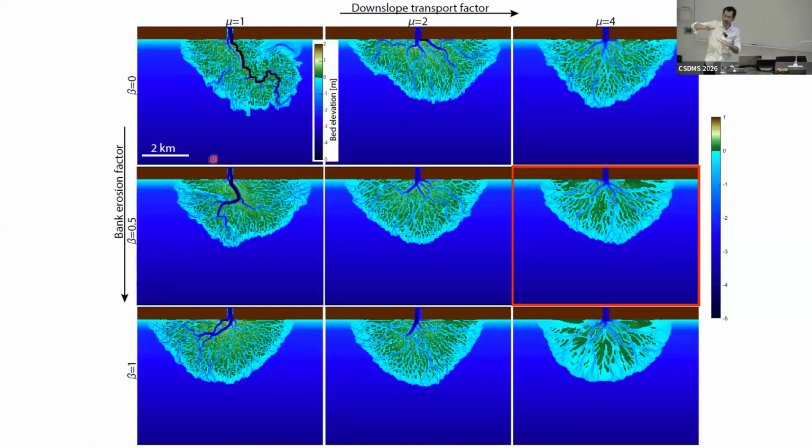So you can put a coefficient that makes the bank less erodable. It's the brake in your model to simulate cohesion with mud and vegetation. So here, if I put this bank erosion to 0, which removes the downslope transport of the dry bank, then you get much narrower channels, more bird-foot, like the bird-foot delta in the Mississippi.